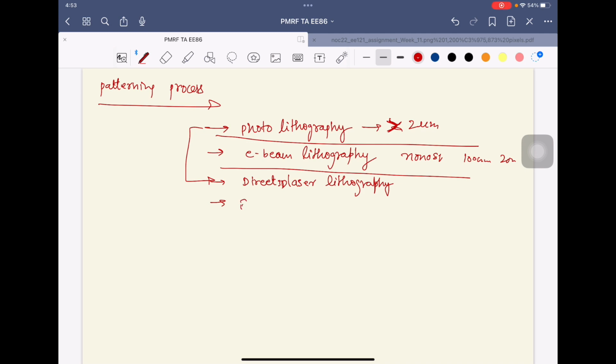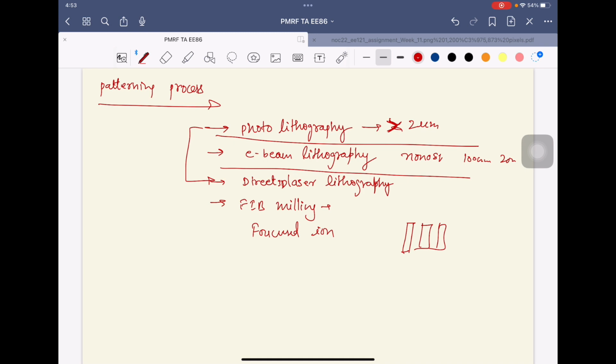And one is FIB milling. In this one there is a focused ion beam. The focused ion beam falls on your substrate and then it sputters your material, so you can sputter it in a very designed pattern.